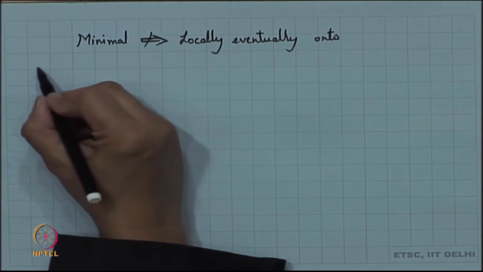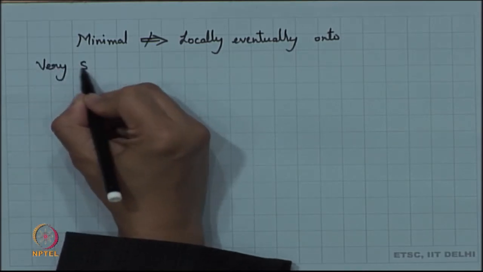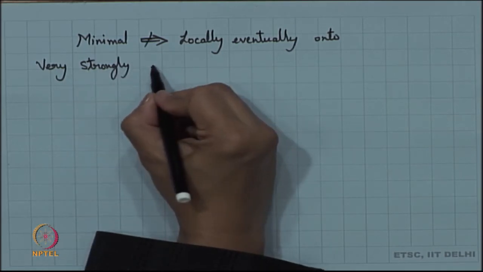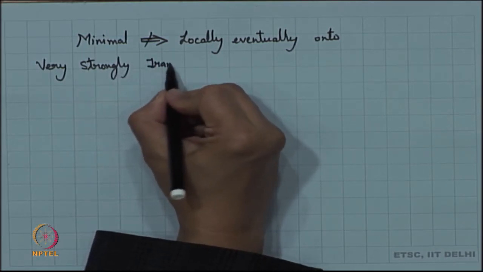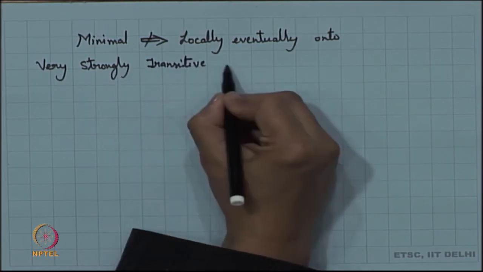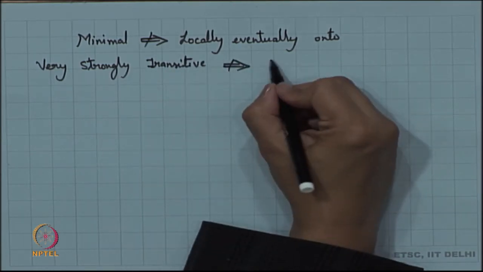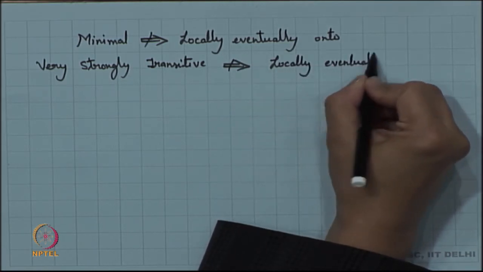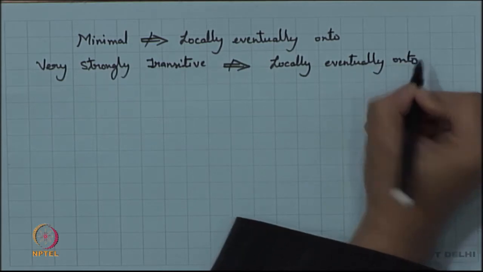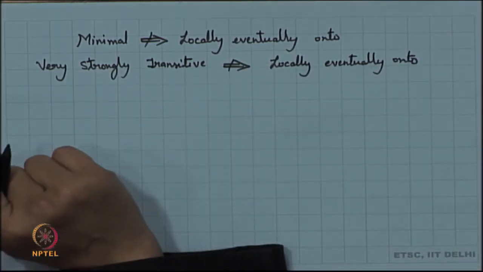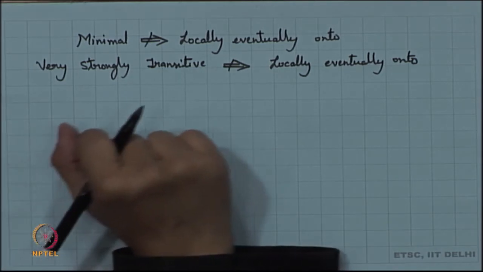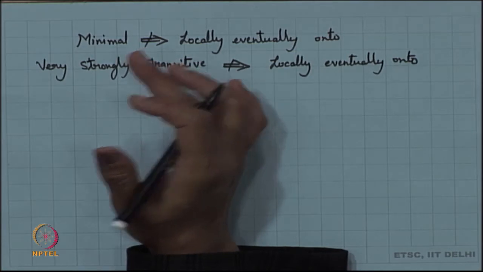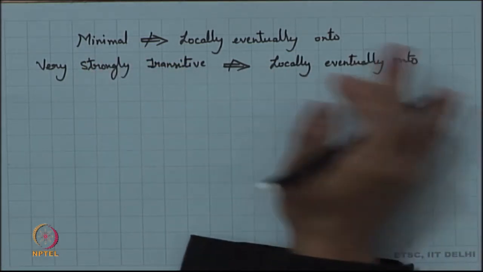In fact, very strongly transitive also does not imply locally eventually onto, and definitely strongly transitive does not imply locally eventually onto. So, we find that these very strongly transitive systems are very interesting cases because they lie in the intersection of these two distinct cases.